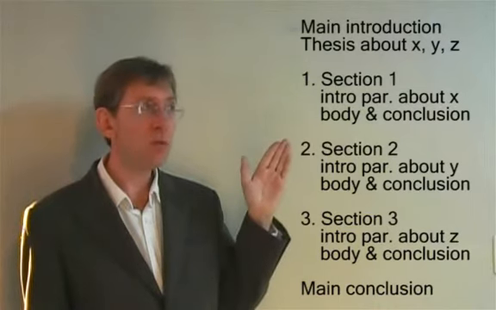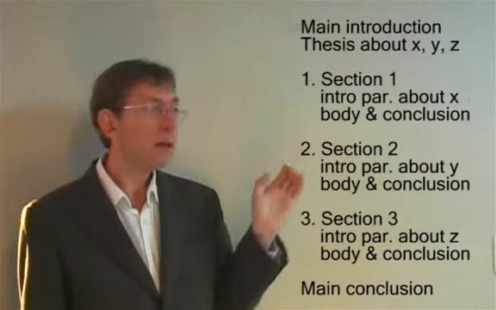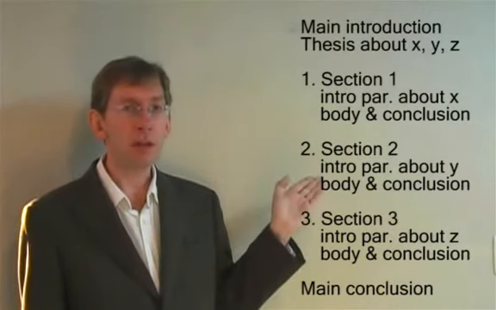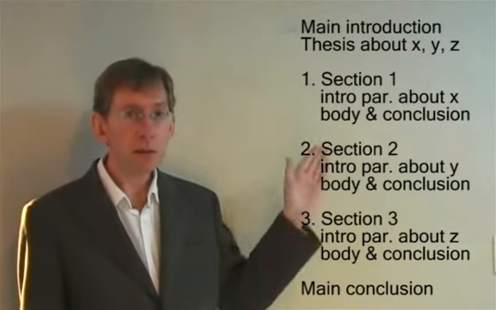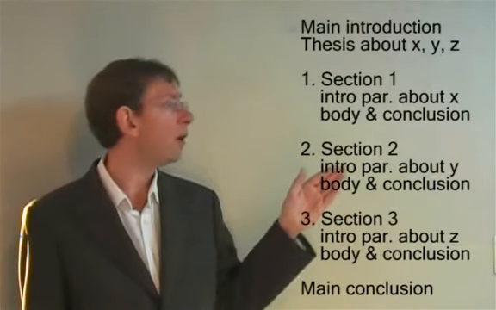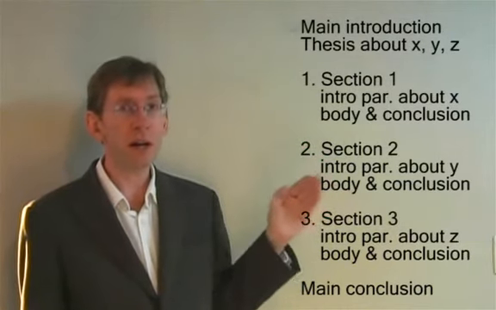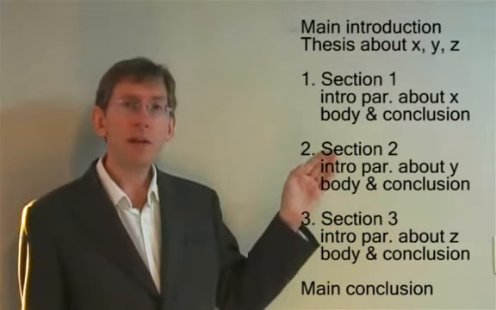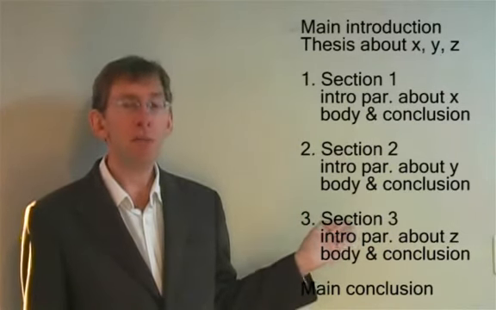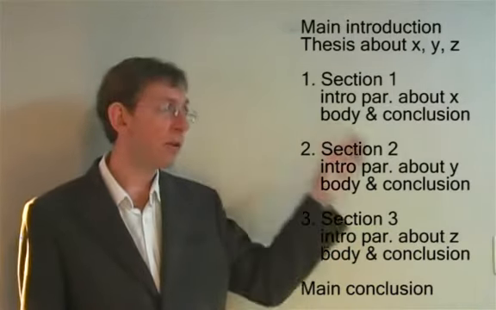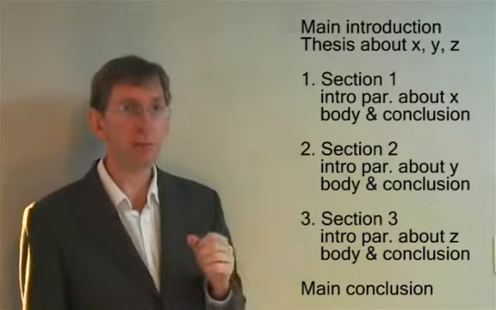That first section would have its own sub-introduction paragraph, its own 3 or 4 body paragraphs, and a sub-conclusion paragraph. Then you might have a second section with your second sub-introduction, body paragraphs, conclusion, your third subsection, and then a final master conclusion paragraph, which would tie together all of those sections into one coherent argument.